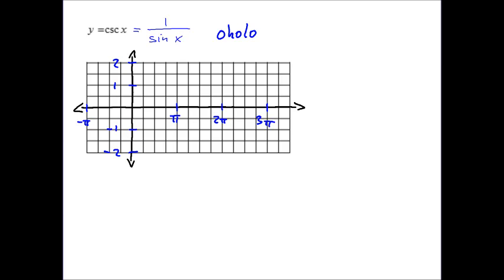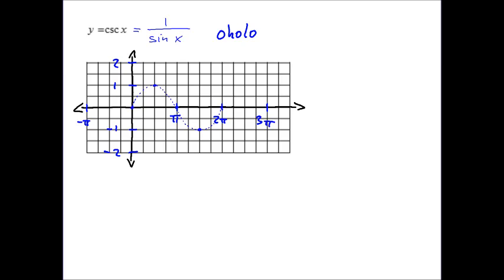Our sine O holo starts at 0, then it goes to the high, back to 0, to the low, and back to 0. And I'm only going to do this with a dashed line because that's not really what we're trying to graph here, but it's just a helper for us.